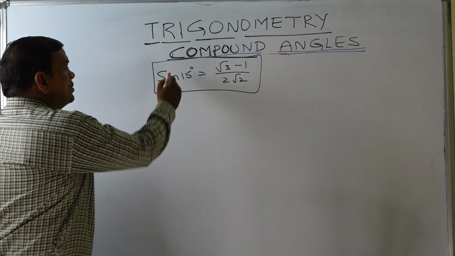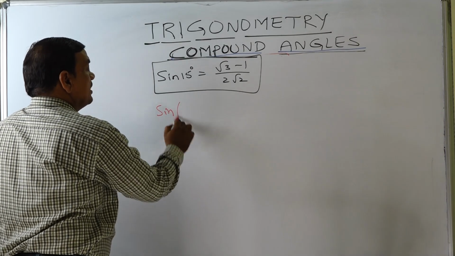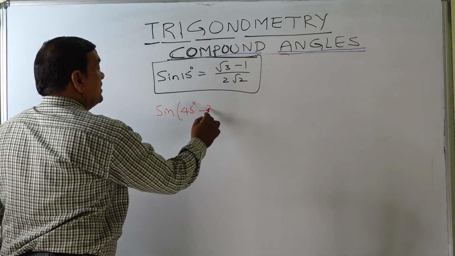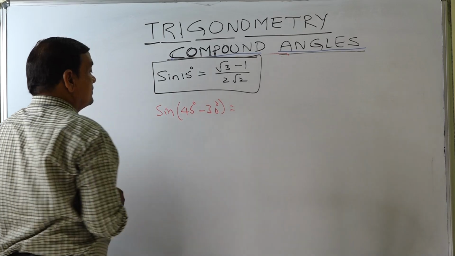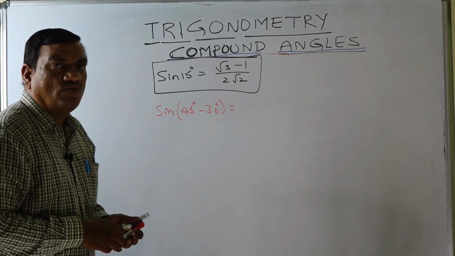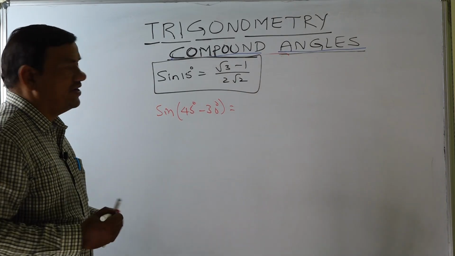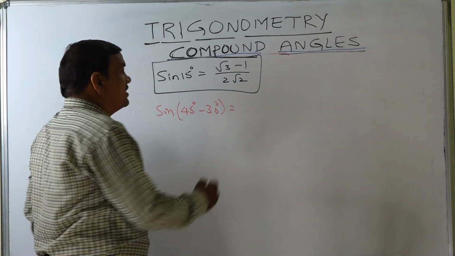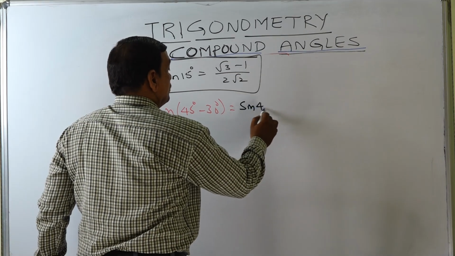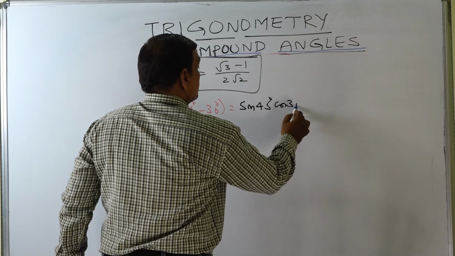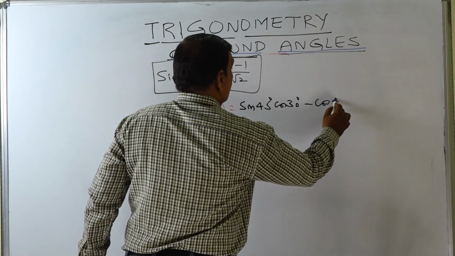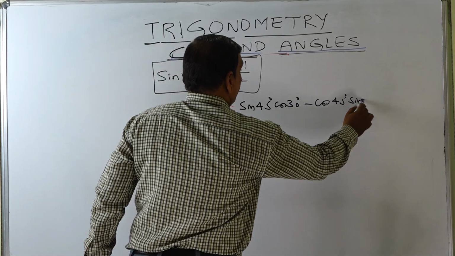Very easy one. Sin 15 can be written as sin of (45 degrees minus 30 degrees). 45 minus 30 is equal to 15 degrees. Sin of A minus B formula is sin A cos B minus cos A sin B.